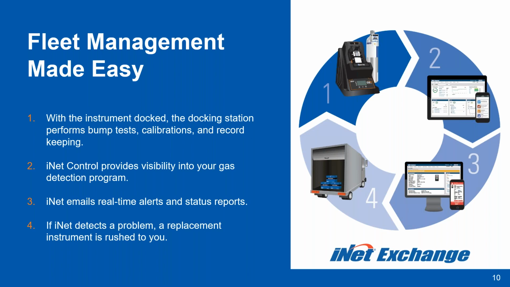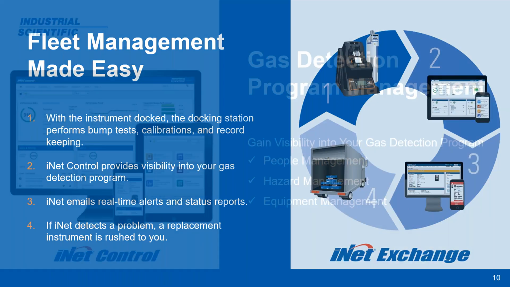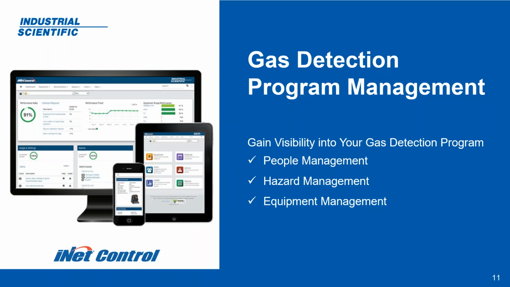We put it in a box and we ship it out to you, and you ship the faulty monitor back to us. And so the program is designed to give you 100% uptime with your fleet of instruments without the hassle and the difficulties of maintaining that equipment yourself.